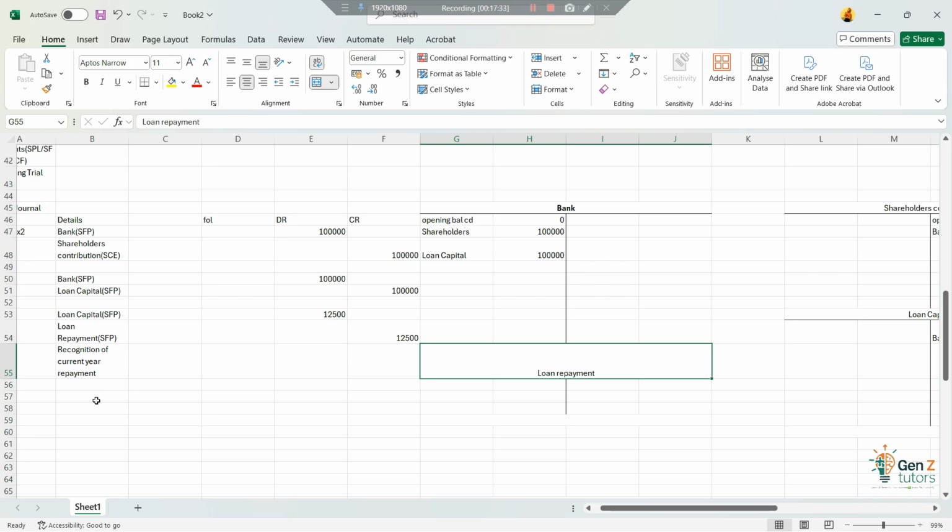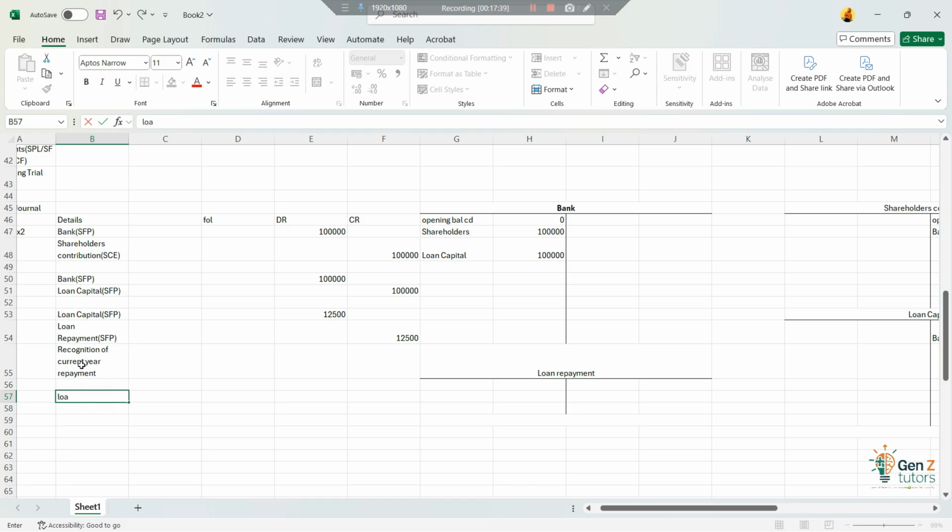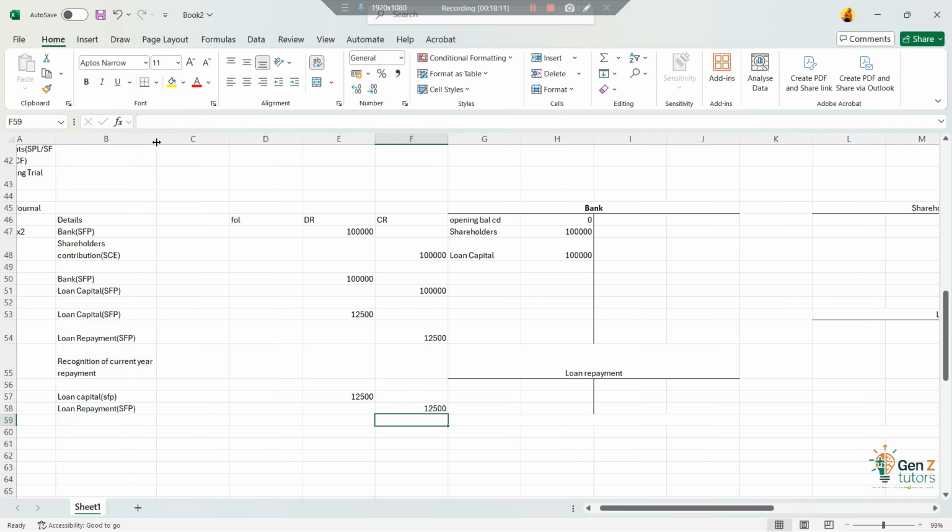So now we're gonna double this transaction again and say we're gonna reduce our loan capital, SFP, and since you said it's gonna be equal yearly installments, it's gonna be the same amount over here. And here we're gonna say loan repayment again, and it's gonna be this 12,500, right? Then we are good to go.